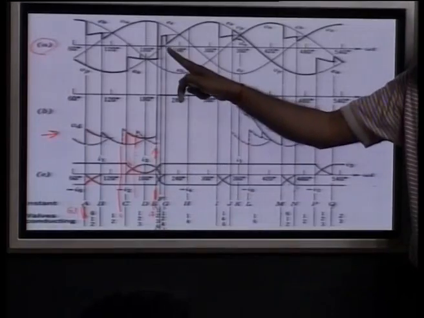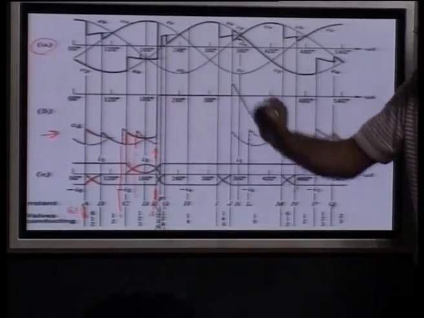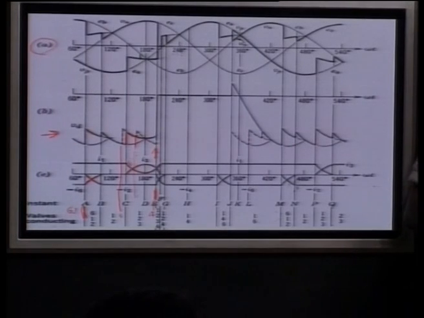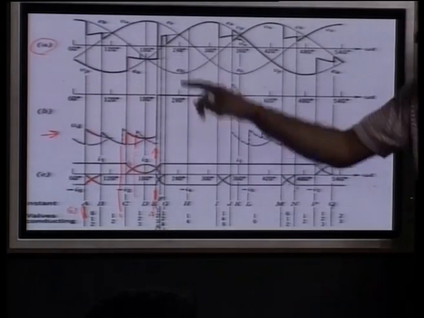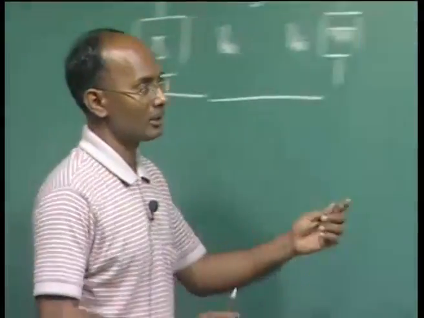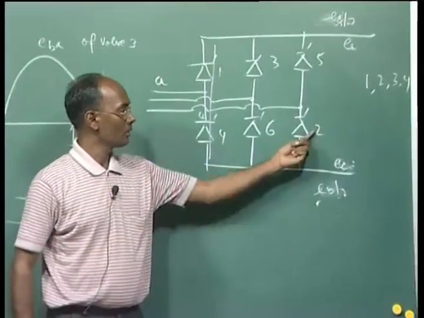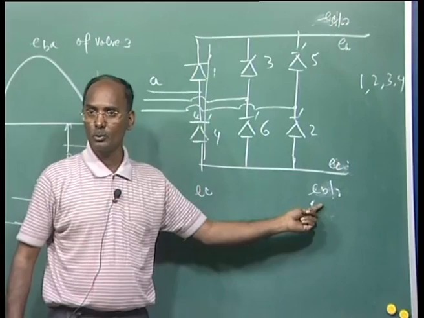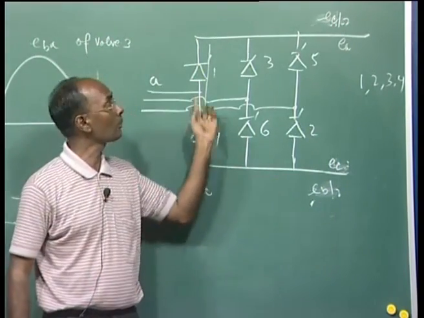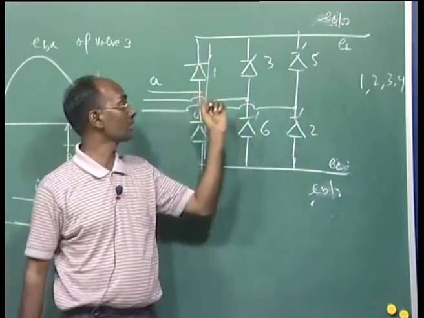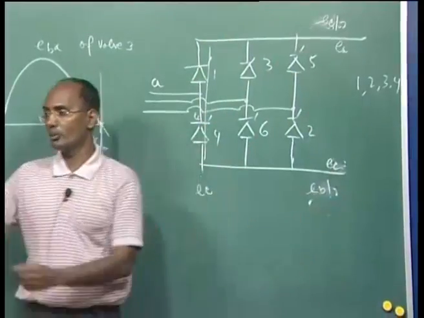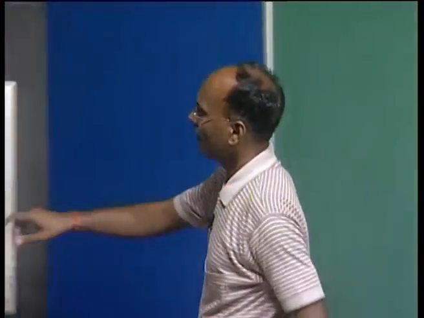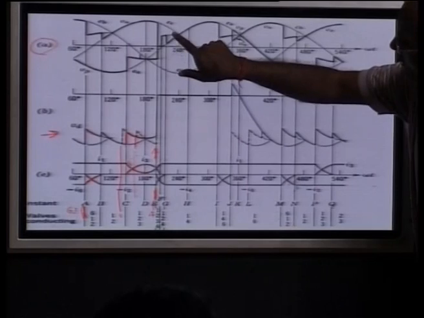Now you can see what the positive and the negative voltage are. This 1 and this are still continuing, so this is minus EB by 2, and the same polarity will be on this side because this is conducting. So both will be nothing but minus EB by 2 here.